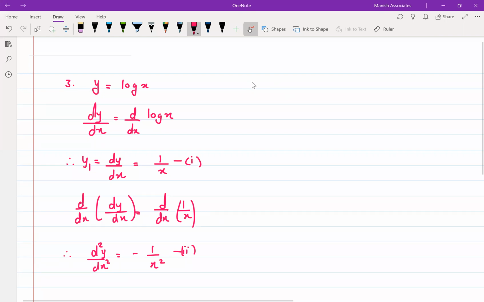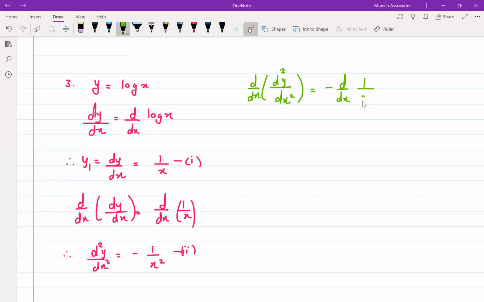I'll calculate one more derivative. I'll try to find the third order derivative. So I'll write d by dx of d2y by dx2 will be equal to minus d by dx of 1 by x square, which I can write as x raised to minus 2.